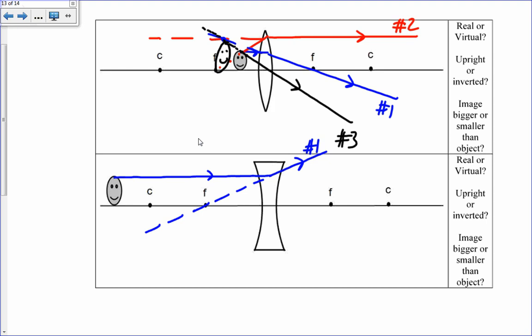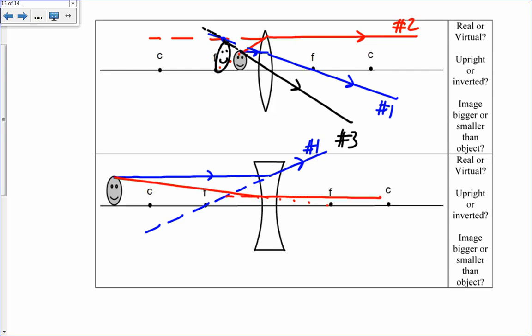Number 2 is through the focal point and parallel to the axis. Now I'm going to draw it through the focal point on the right-hand side. Draw a ray such that if I were to trace it forward, it would go through the focal point. And now it goes parallel to the axis after it goes through the lens.